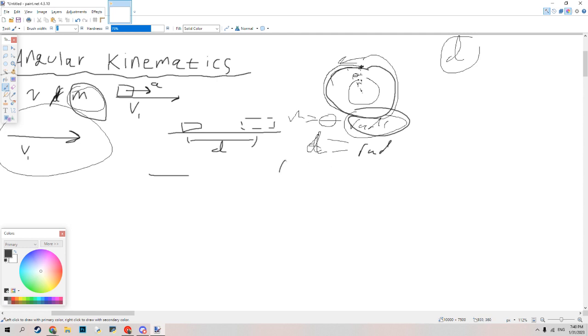Now this means that velocity also becomes in radians. And just like velocity was distance over seconds, now that we're using radians in place of distance, we can just substitute radians for distance, and you end up with radians over seconds.